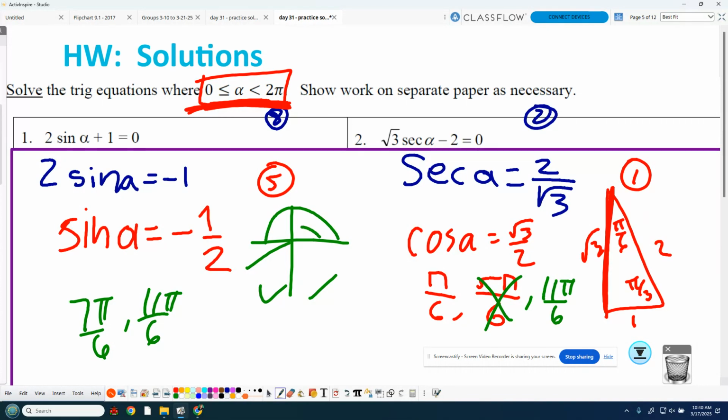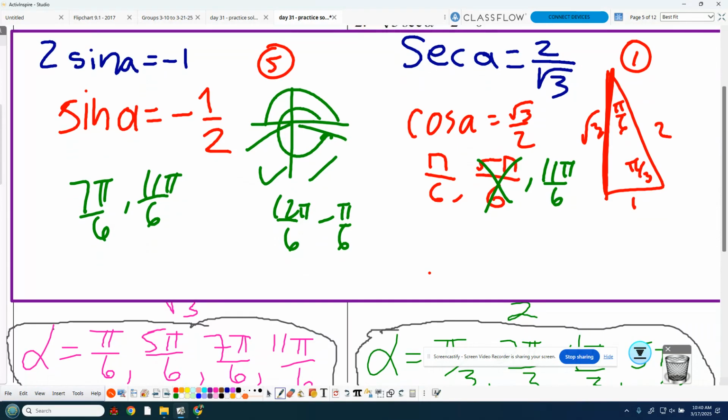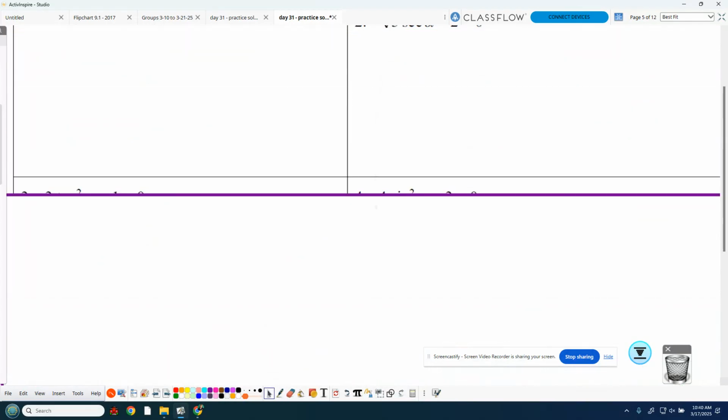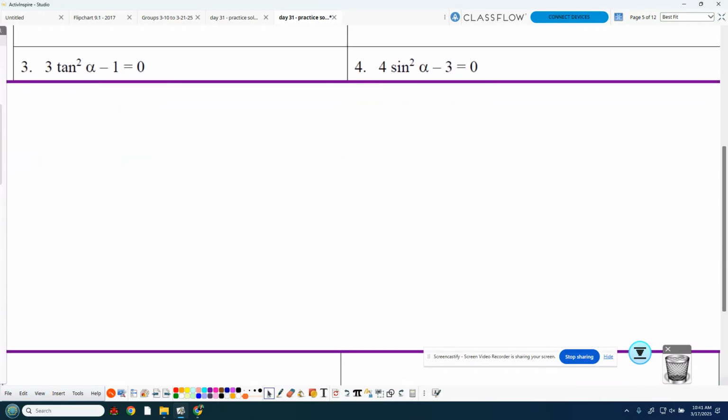And then the full circle, 2 pi minus 1 pi over 6, 11 pi over 6. Yeah? Okay. All right. So 3 and 4.